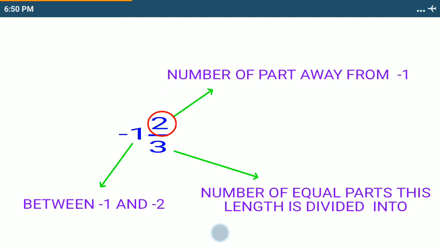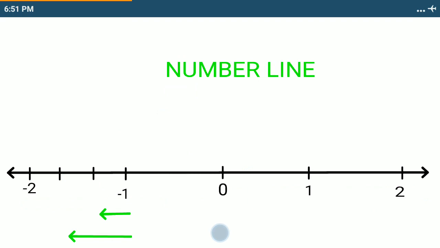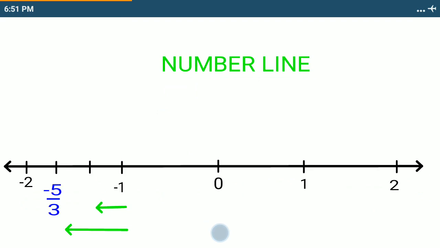Here the number 2 tells us the number of parts from the number minus 1. So leaving 2 parts from minus 1, we mark minus 5 by 3 here.